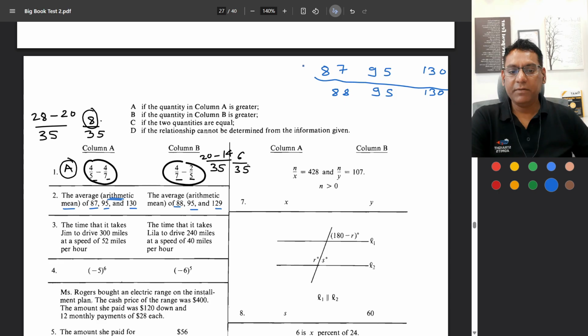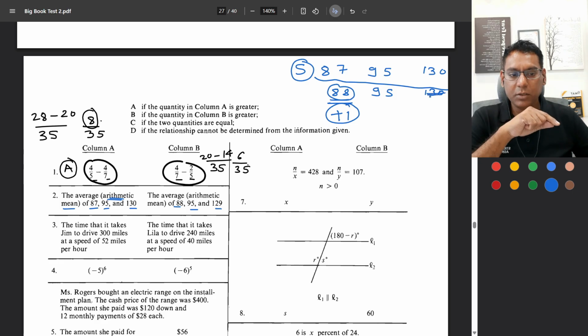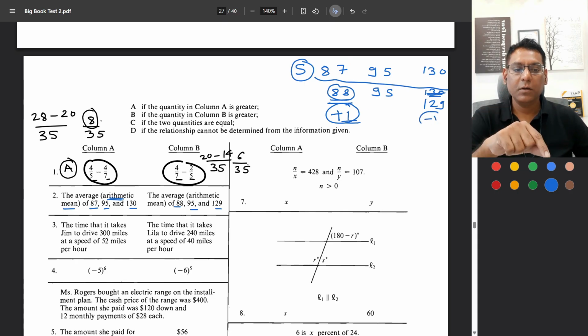Whatever the sum is here, the sum there is going to be one point bigger because we have a bigger number, but one, I think I got this wrong. This is 129. So as compared to this, the second sum is going to be 1 point bigger for the first number, but 1 point smaller for the second number.